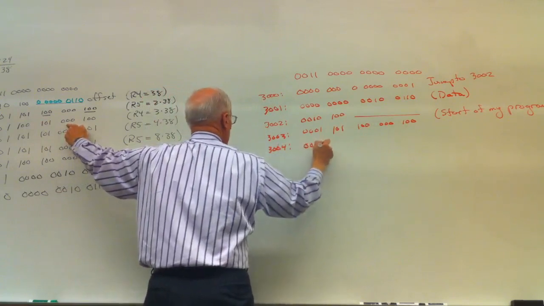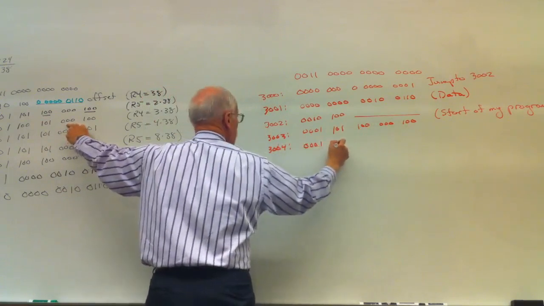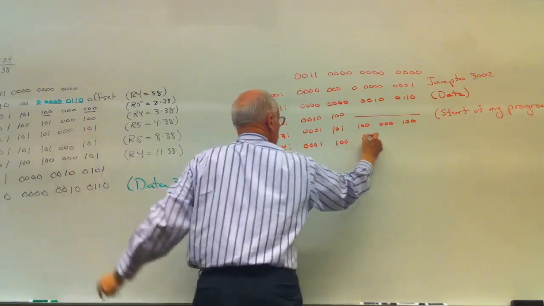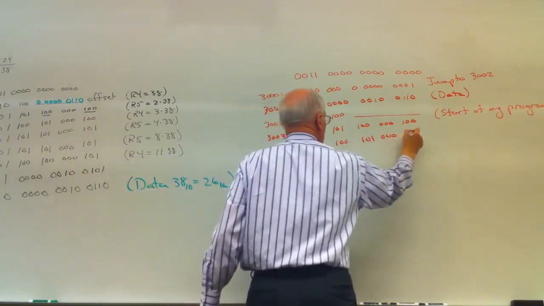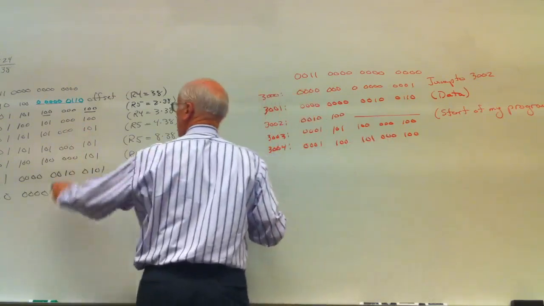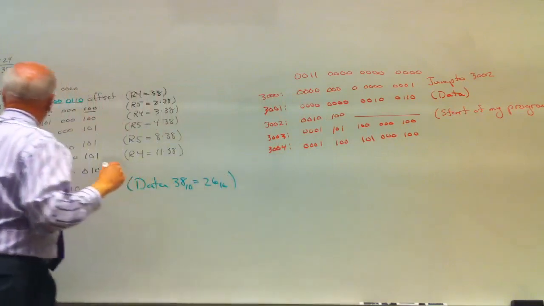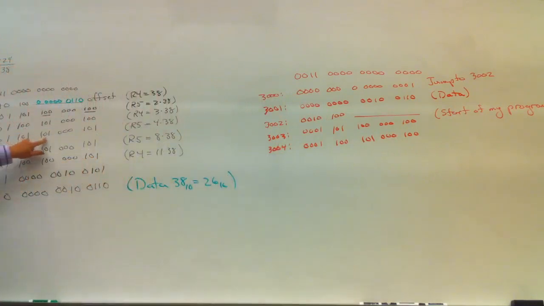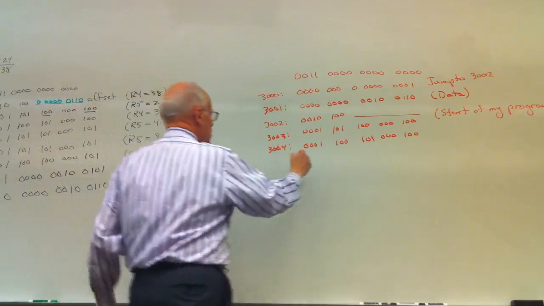Then we add register 5 onto register 4 and put the result in 4. Then I double 5 twice.